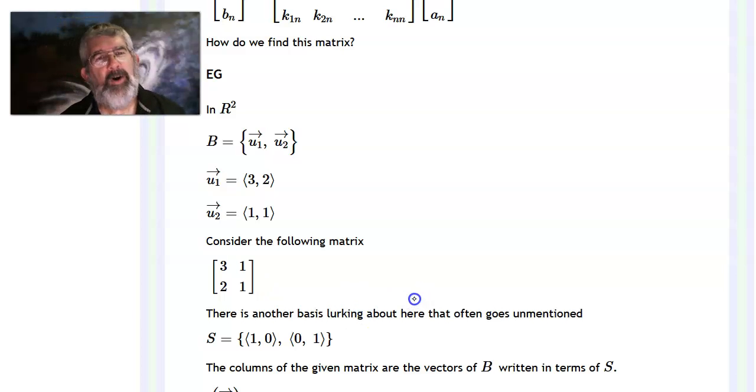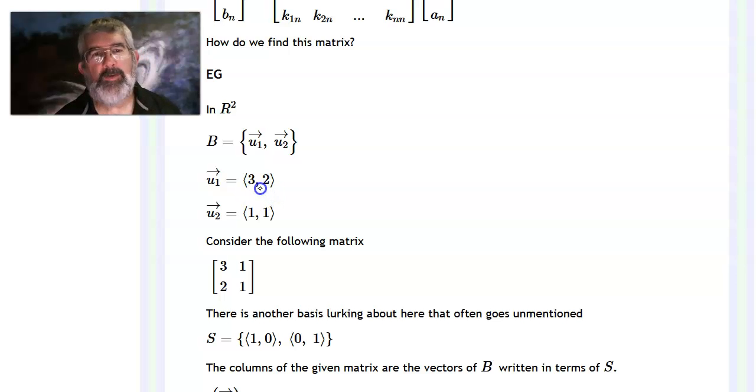In all of what we do here, it's kind of funny because we talk about B and B prime as my bases, but there's another basis lurking in the background, the standard basis. If we're in R2, we know there's a basis i, j, that is (1, 0) and (0, 1). In fact, the way we write our vectors is as component vectors with respect to that basis. To say (3, 2) means it's 3 times (1, 0) plus 2 times (0, 1).